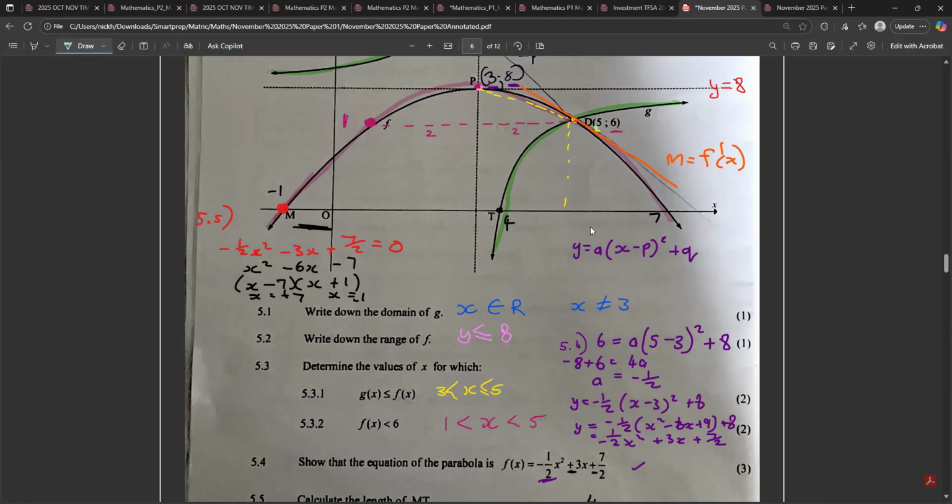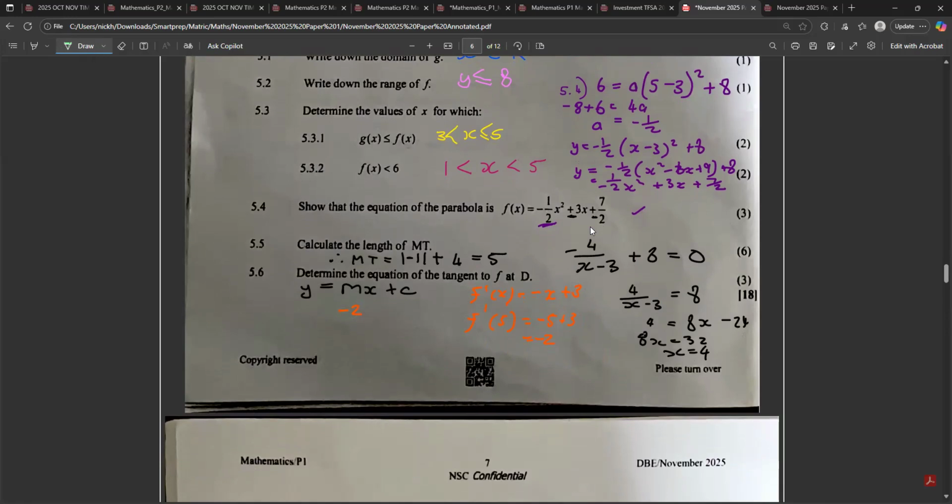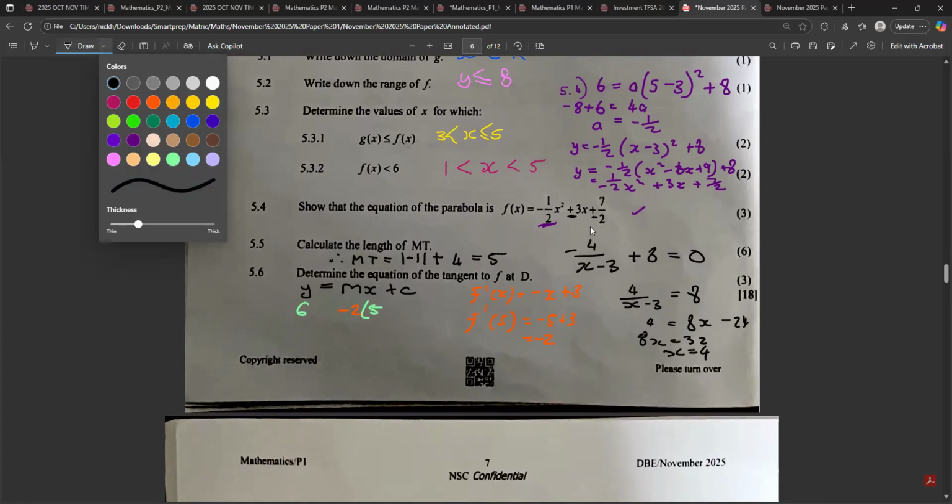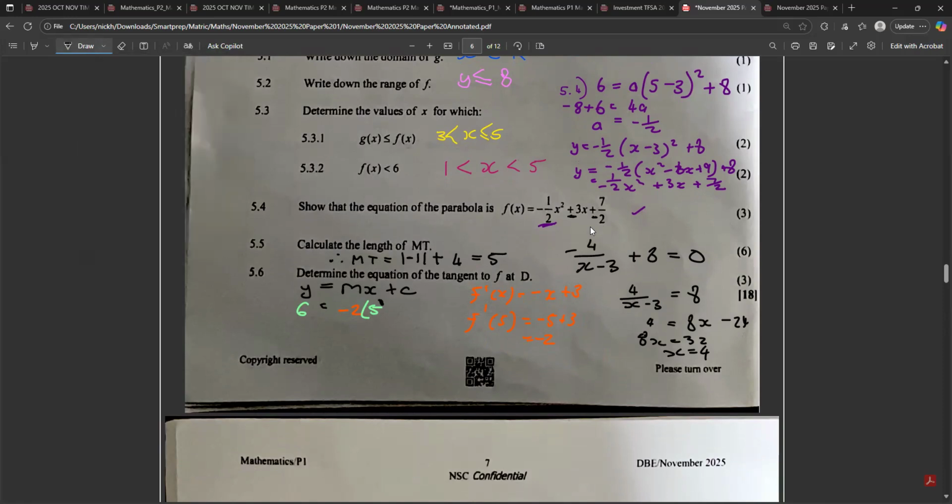So y is 6, x is 5, and that's going to give me c. I'm almost at the finish line, and so c, this goes across and gives me 14, because 6 plus 10 is 14. So then y is equal to negative 2x plus, I wrote 10, but it's actually 14.